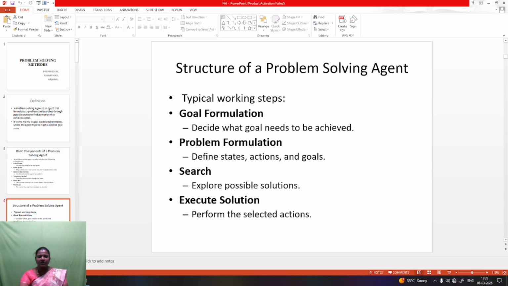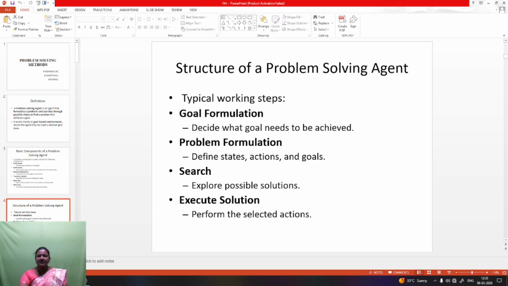Next, the structure of a problem solving agent. The structure or working steps of the problem solving agent are goal formulation, problem formulation, search and execute solution. First, goal formulation. Goal formulation decides what goal needs to be achieved.